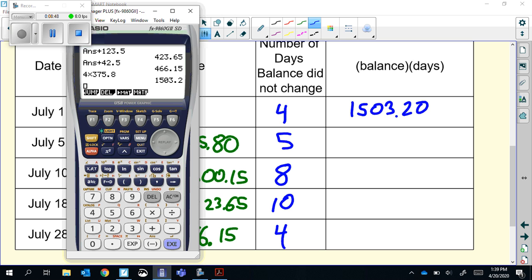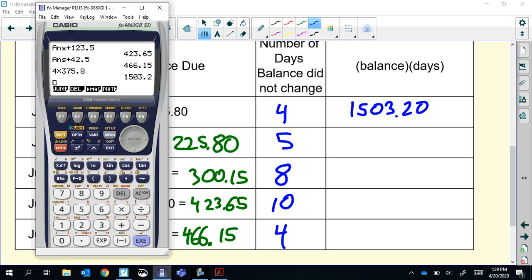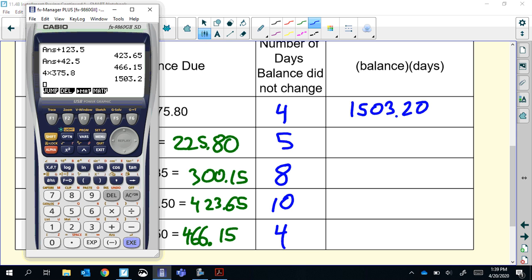And then $225.80 times the 5 days, it's $1129.